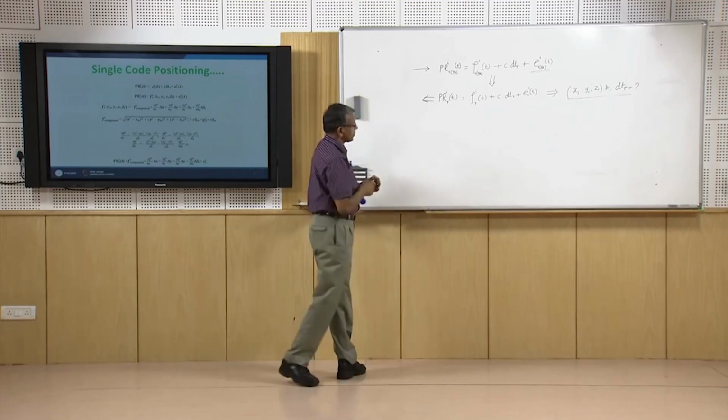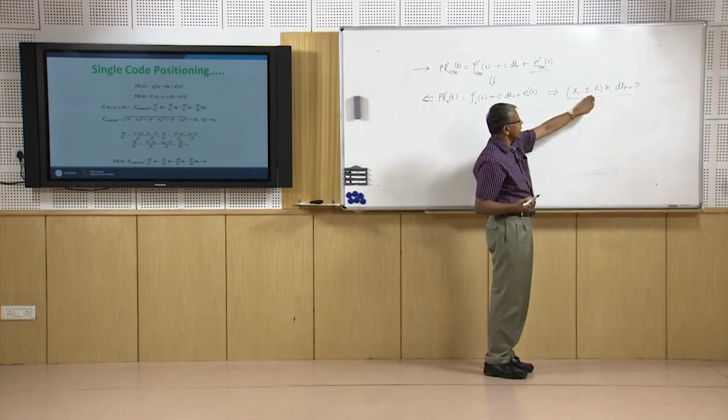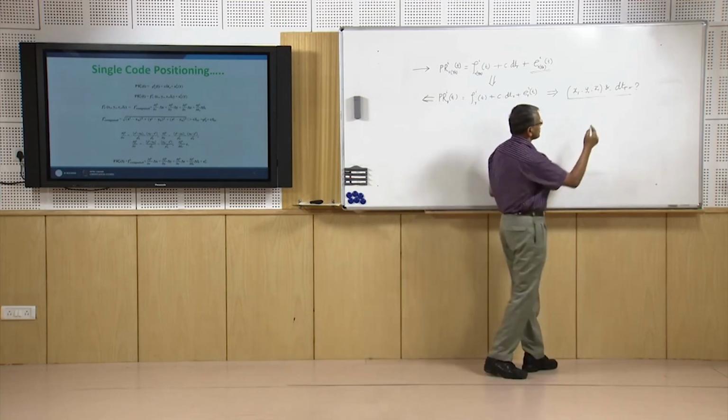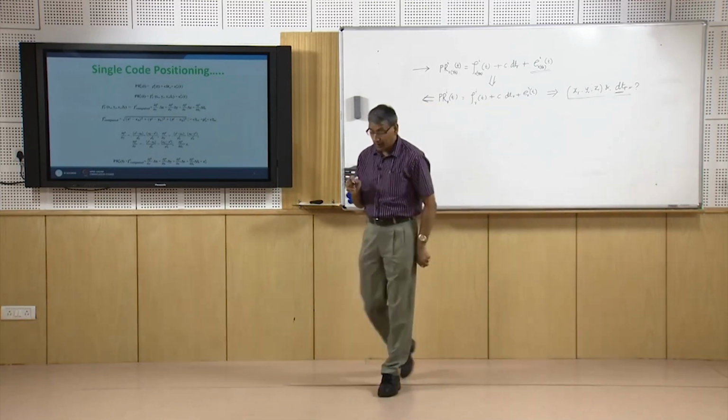Now, as I told you, this is the actual position of the receiver which we need to determine, and this is the receiver clock error which we need to determine.